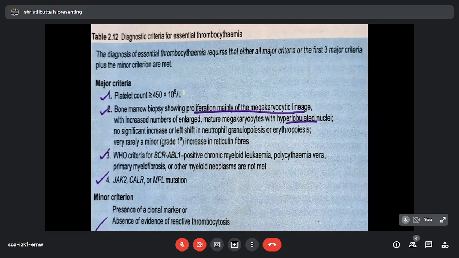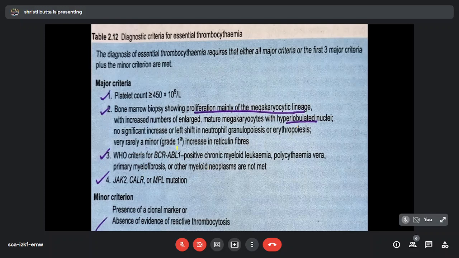So what is the diagnostic criteria? WHO says that all major criteria, or the first 3 major plus minor criteria, must be met. So what are the major criteria? The major criteria include platelet count of more than 4.5 lakh, and a bone marrow biopsy showing proliferation mainly of the megakaryocytic lineage. Yes, you have hyperlobated nuclei here.